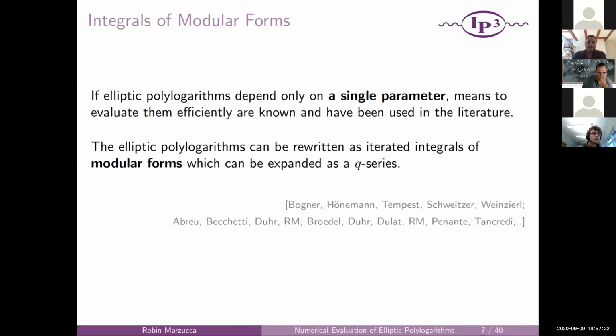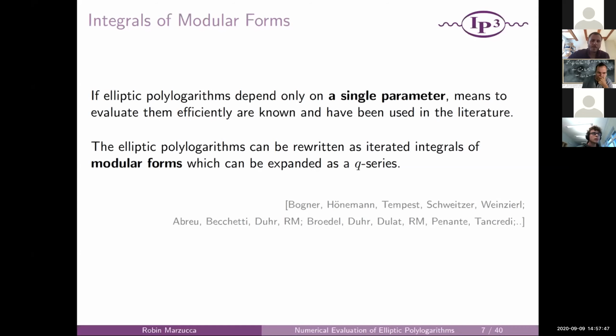Okay, now, as I said, many computations have been done in the literature using elliptic polylogs. And in cases where they depend only on tau, there are actually means to get a number out of them, which is that you can transform them to iterated integrals of modular forms, which you can then q-expand.